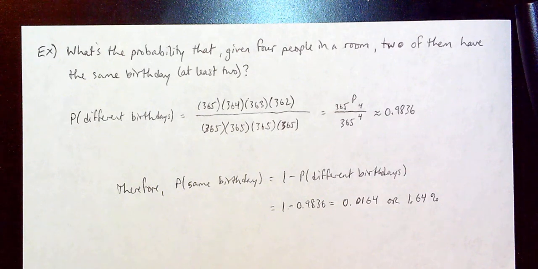And if you have 50 people, then the probability is 0.9704. So 97% chance that 2 people in that room will have the same birthday. So not as unlikely as you may think, given the number of people that are in a room.